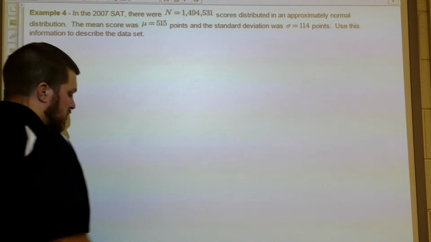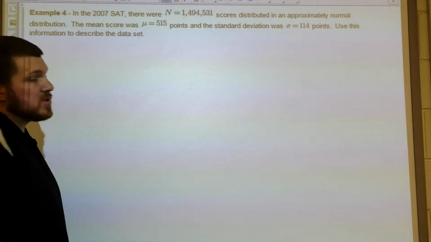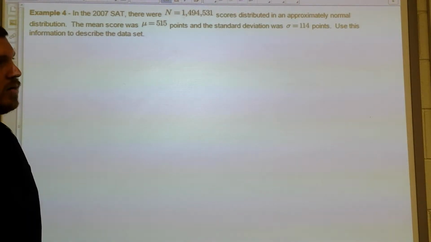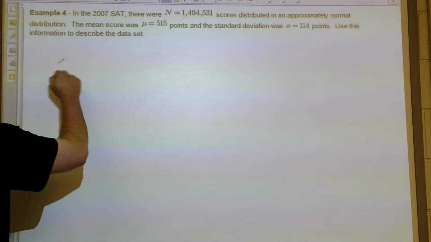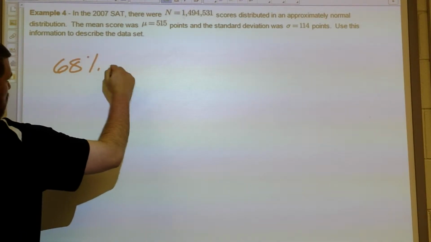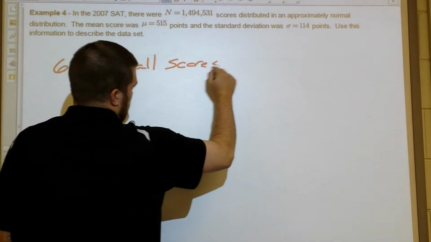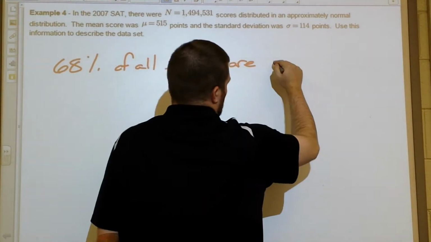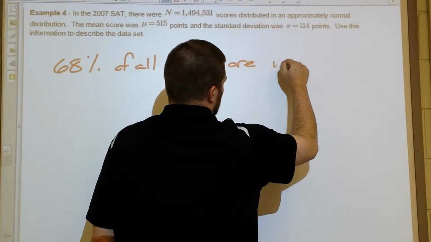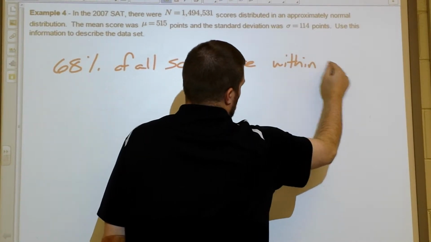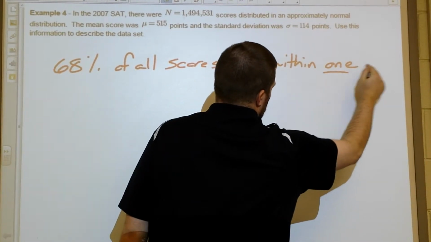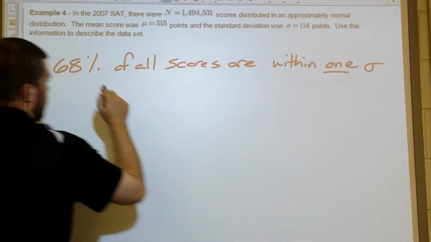All right, well, we just saw that 68% of all scores lie within one standard deviation from the mean.